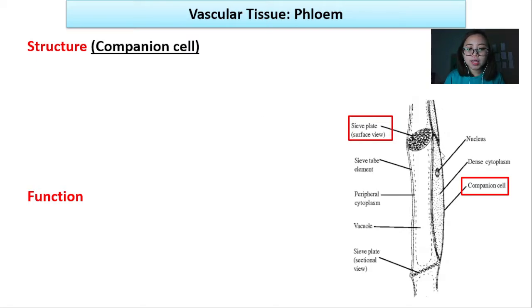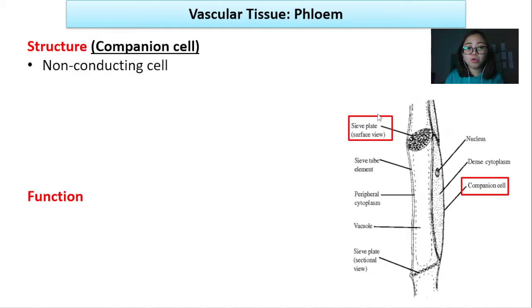Kalau kamu tengok dalam gambar raja ini, okay, yang besar macam kosong ini adalah sieve tube. Dan yang di tepi dia, melekat macam lintah ini adalah companion cell, companion kawan. Okay, sel kawan. It is a non-conducting cell.